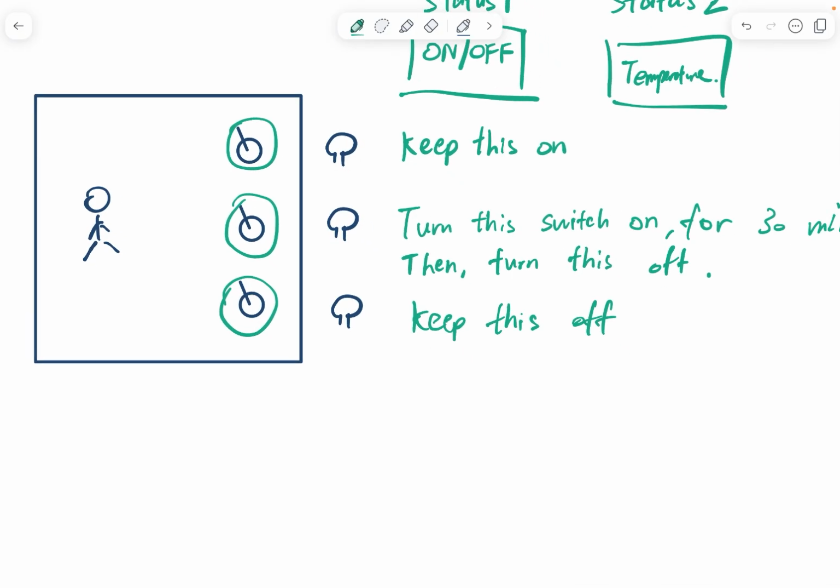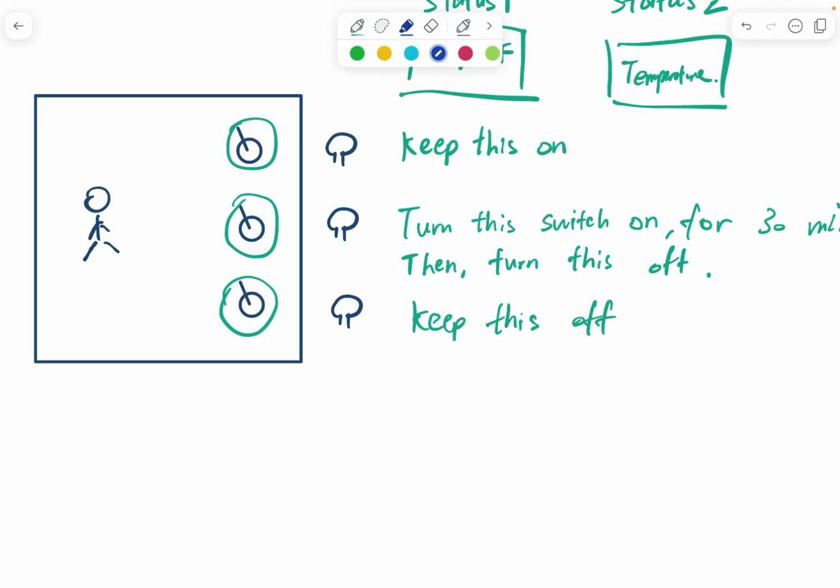The effect that you're gonna create is that you're gonna have one light bulb that is on, obviously, and you can immediately differentiate it.